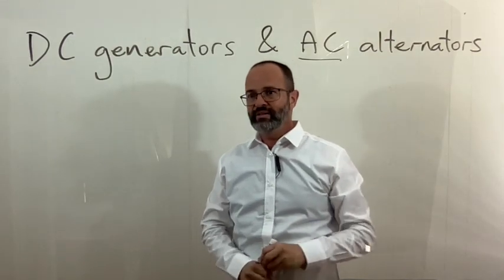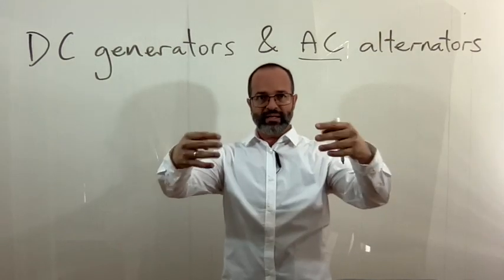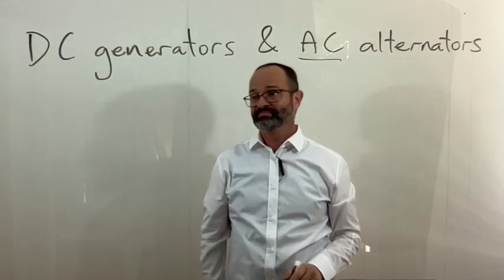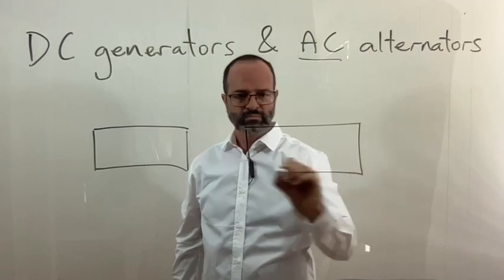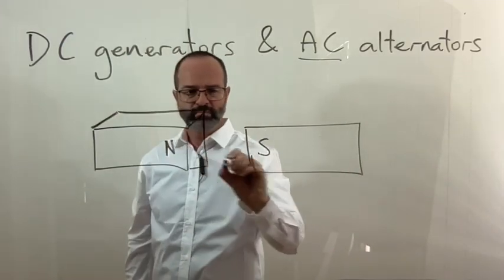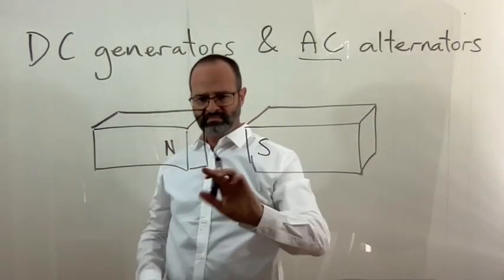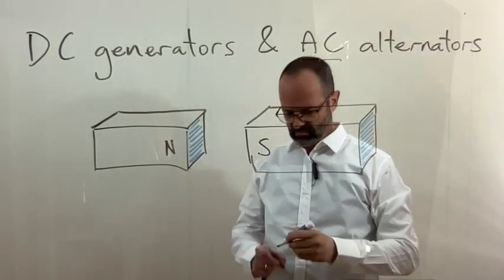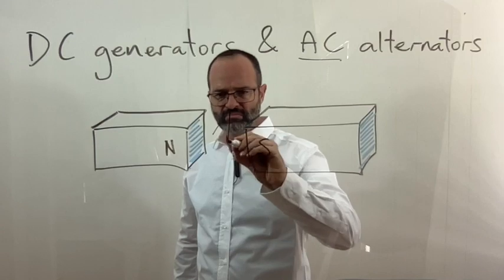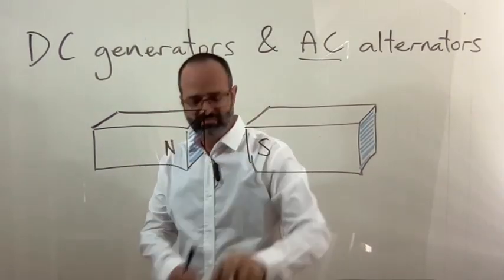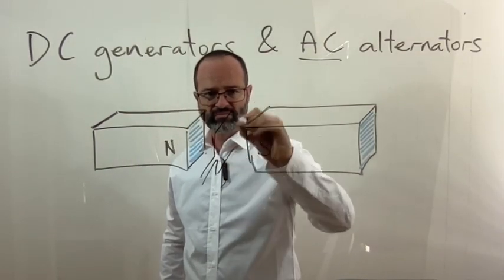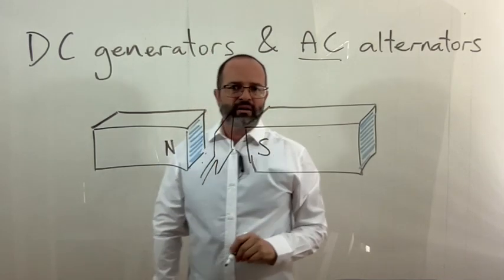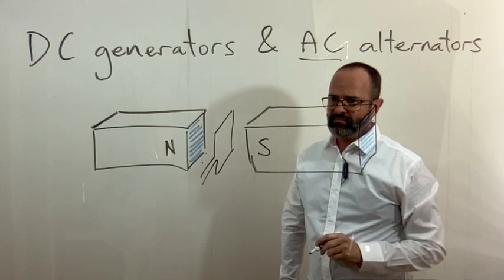So what you have in these situations is two magnets with a coil in between. So there you have it.